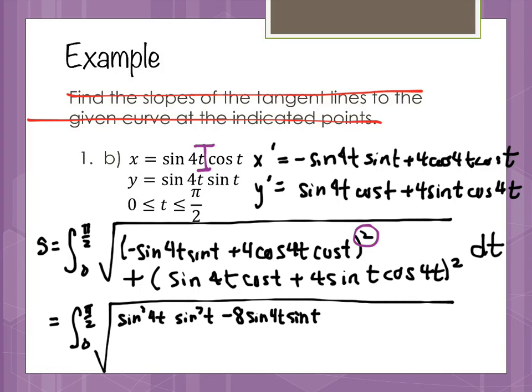Everything's going to clean up really quickly after this, okay? It's just one step of mess. Okay, maybe 2 steps. The last step was kind of a mess, too. What else do I have? Oh, cosine 4t, cosine t. What's my last piece here? 4 cosine squared 4t, cosine squared... Is it 4? It's 16. Yeah, 16.